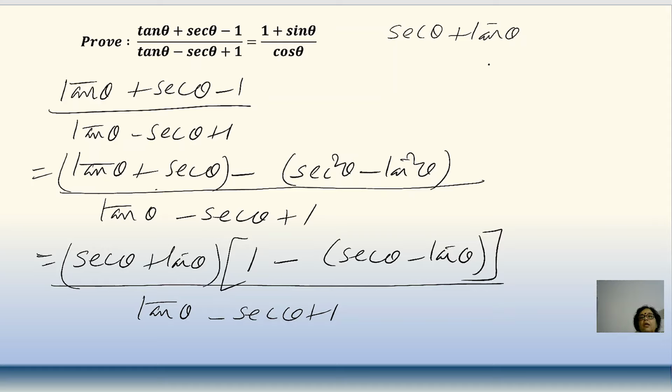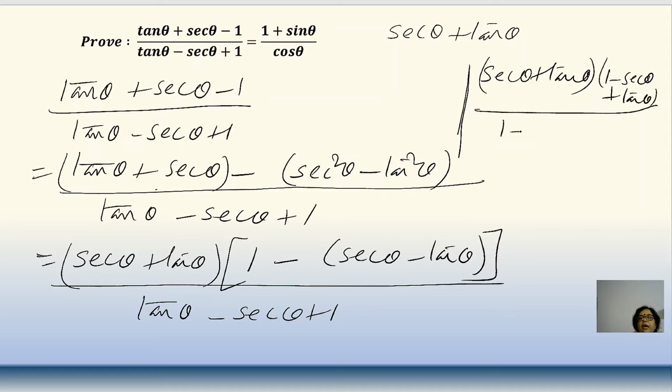So now if we open up the bracket in the numerator, we'll get here sec theta plus tan theta, which continues as it is, and the second term will become 1 minus sec theta plus tan theta, and in the denominator also we have 1 minus sec theta plus tan theta. So now you see these two terms get cancelled, and we are left with sec theta plus tan theta.